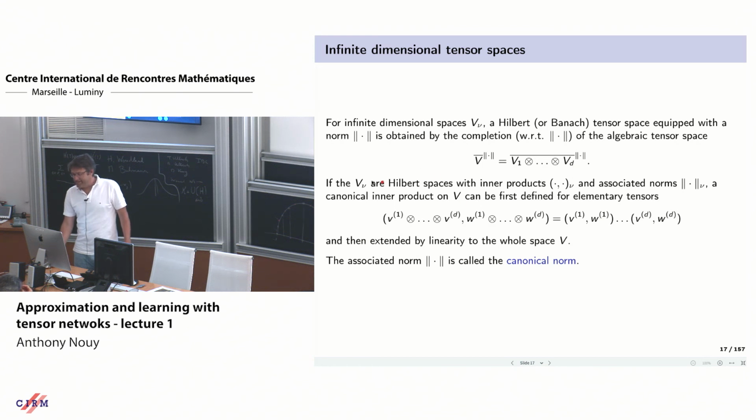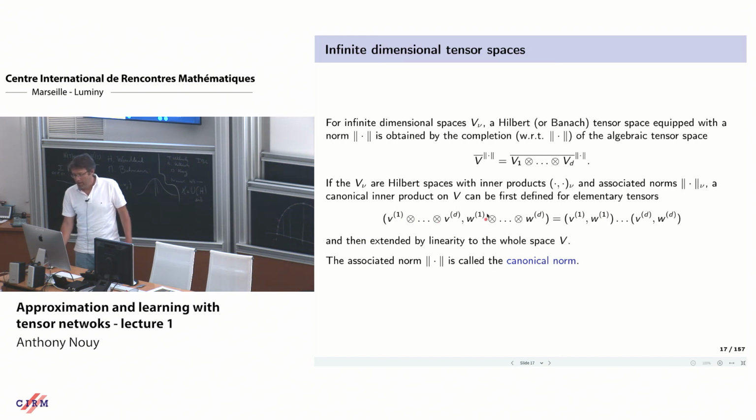If the spaces V nu are Hilbert spaces with inner products denoted like this and associated norms denoted like this, you can define a canonical inner product on V, which is defined for elementary tensors as follows. If you take the inner product of these two elementary tensors, it will be the product of the inner products of the different vectors you see here.